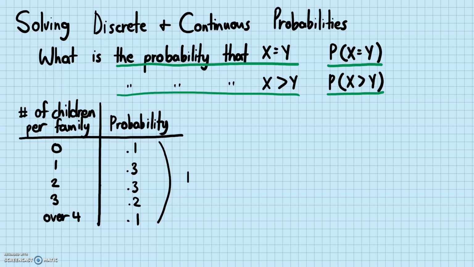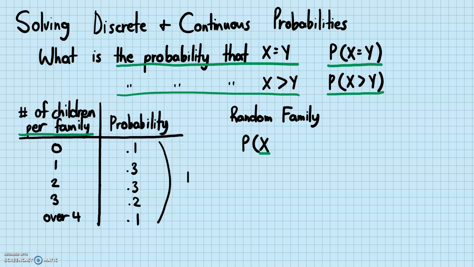And let's say we choose a family at random. We're choosing a random family. What would be the probability that that family has 2 children? And the way to notate this question would be probability that x, in this case, the x corresponds to the data that we're looking at.